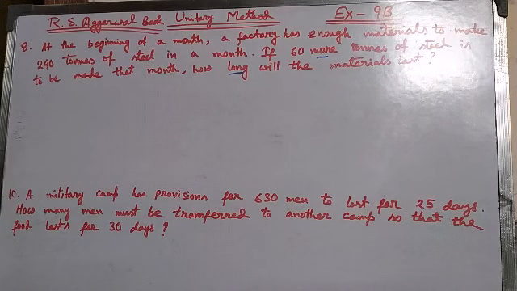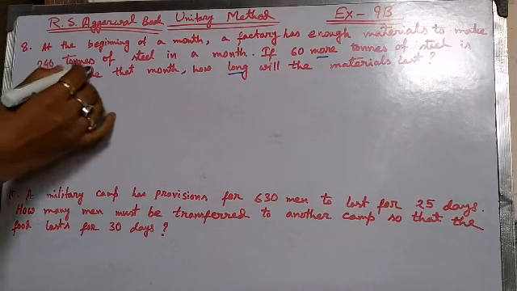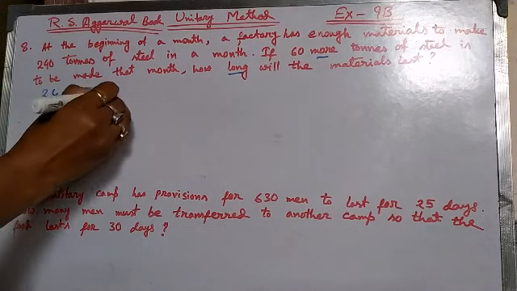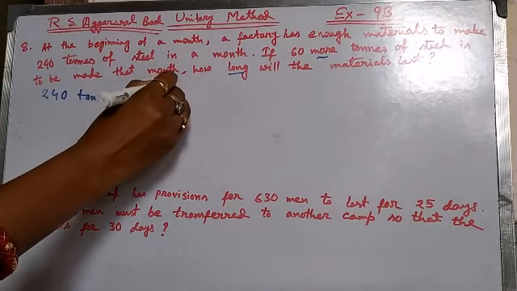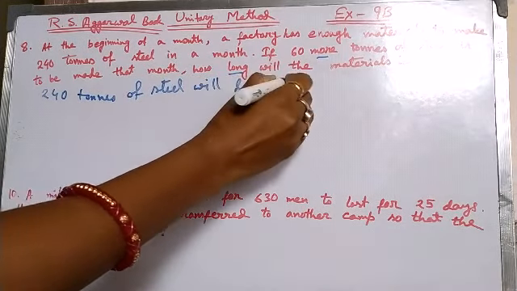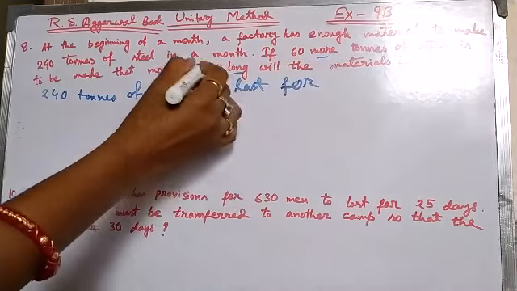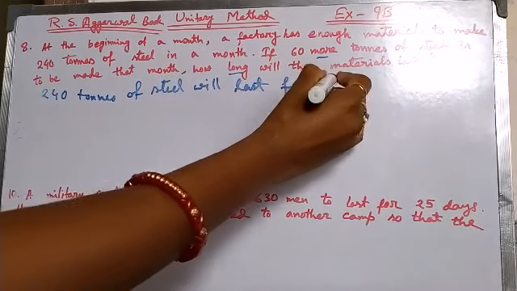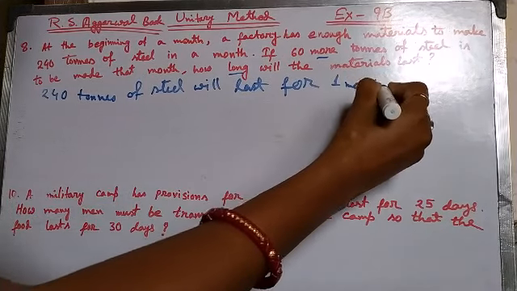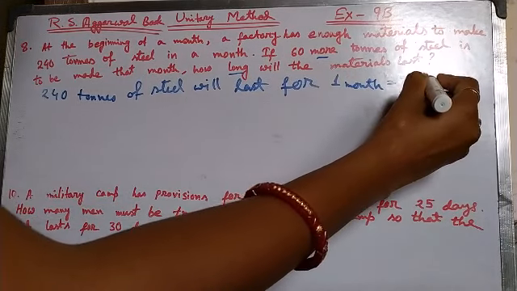So here, first of all, 240 tons of steel will last for a month, that means 30 days.